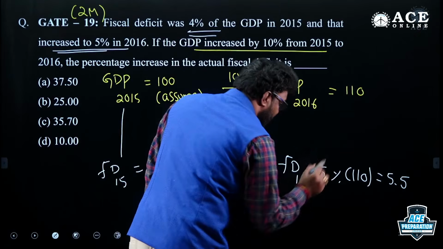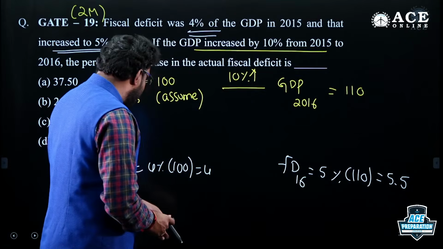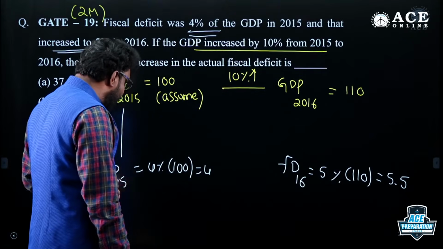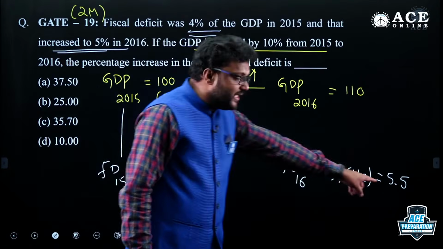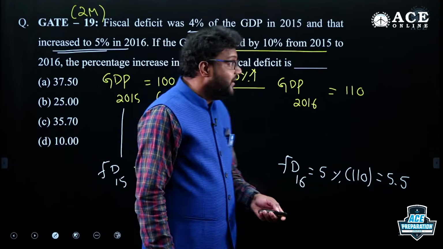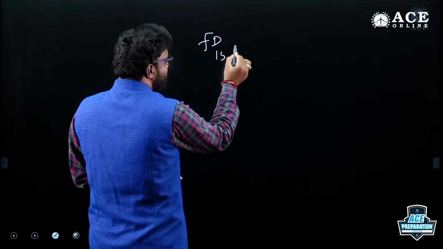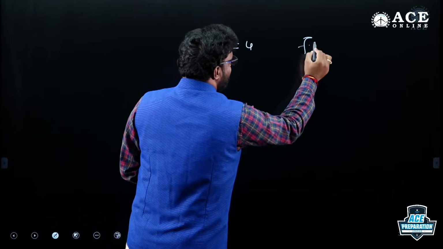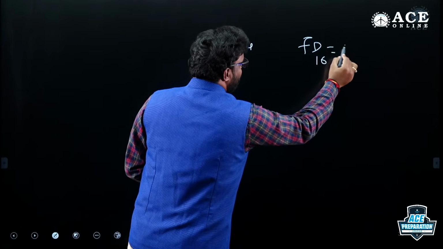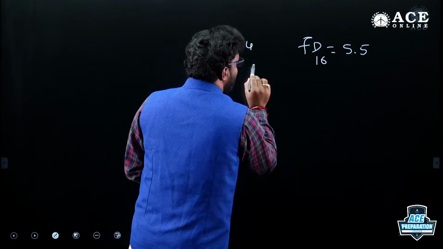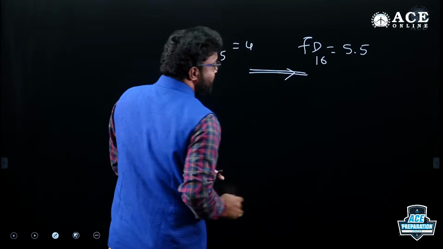We'll get 5.5. Now see this, is fiscal deficit increasing or decreasing? Previous fiscal deficit is 4. Now it is 5.5. It is increasing. What they are asking is the percentage increase. Fiscal deficit in 2015 is 4. Fiscal deficit in 2016 is 5.5. It is definitely increasing. What is the percentage increase?